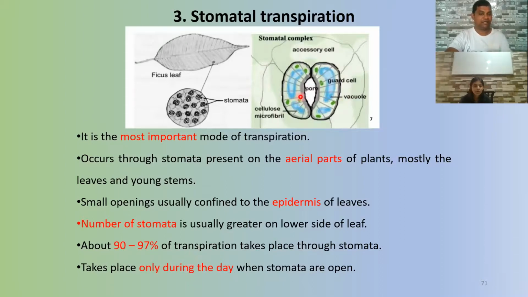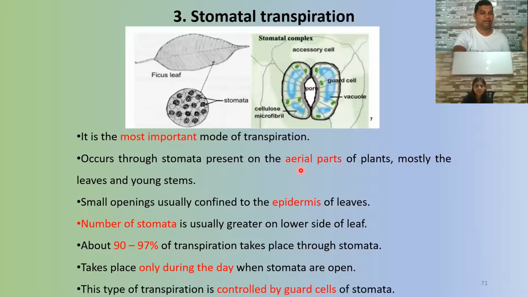In cuticular and lenticular transpiration we saw it can take place throughout day and night, but this one takes place only during the day when the stomata are open. The opening and closing is regulated by guard cells: at night they close the doors, and in the daytime they open.